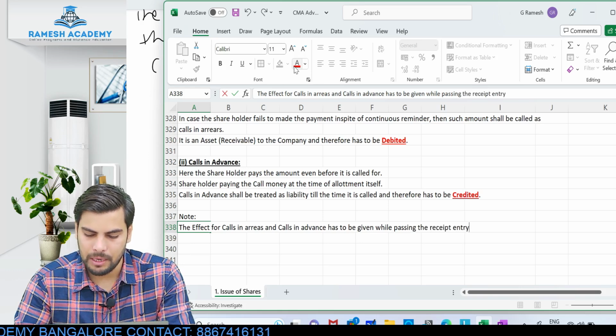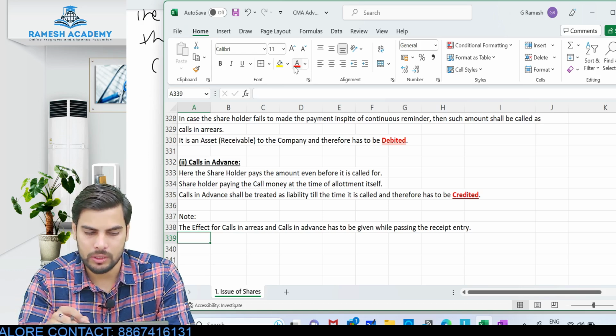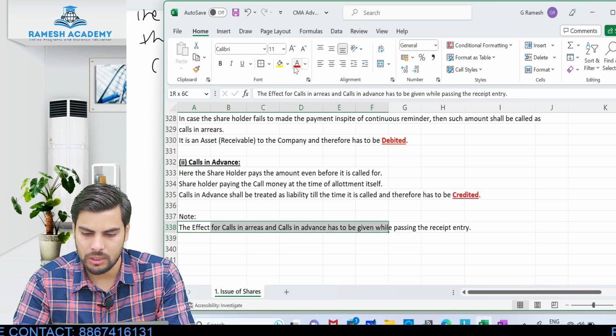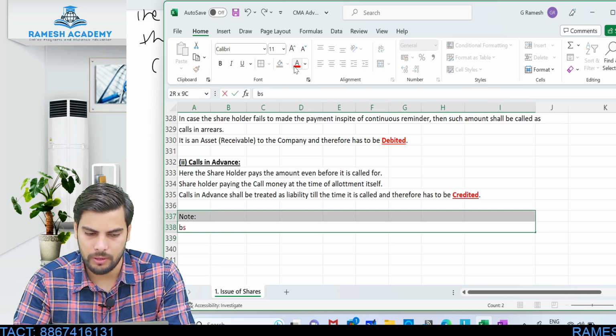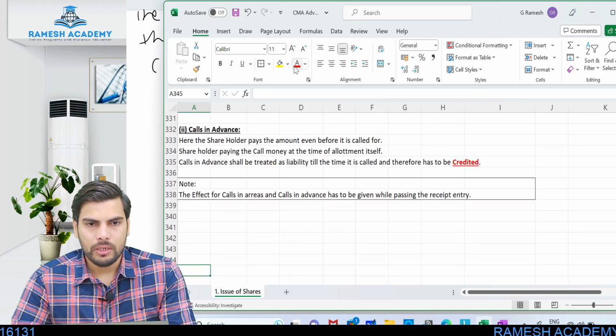Whenever we are passing this particular receipt entry, it is that point of time wherein we need to give effect for this calls in arrears and calls in advance. Just try to remember this particular point. Clear? Hope you guys understood this.